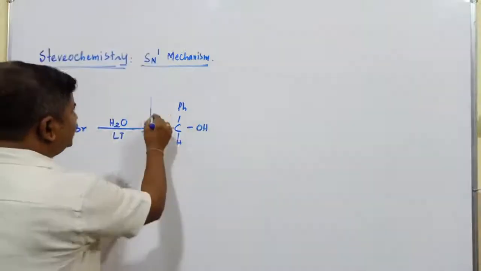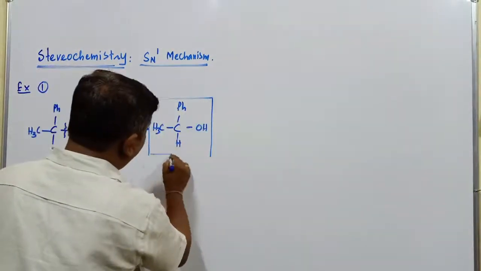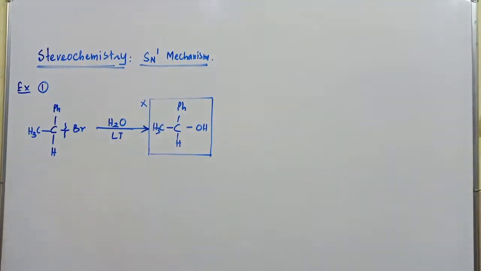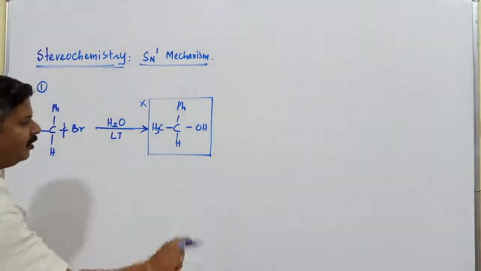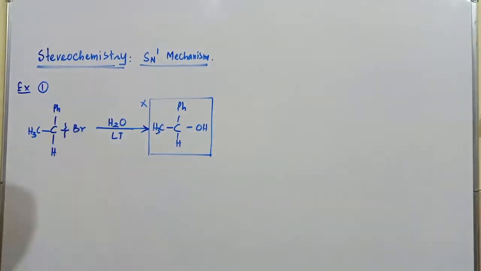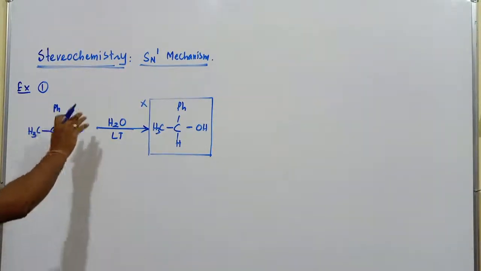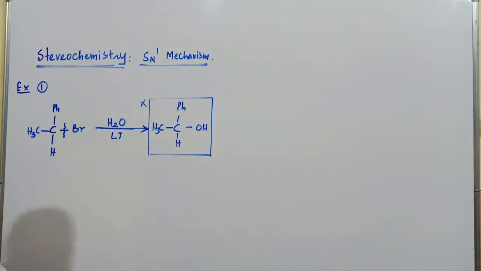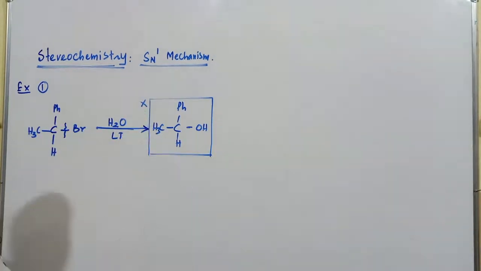If you mention only this one product in this SN1 reaction, it is said to be incorrect. Why can only one product not be found in the SN1 reaction? As I mentioned already, the SN1 reaction involves the formation of a racemic mixture, so only one product cannot be found here.